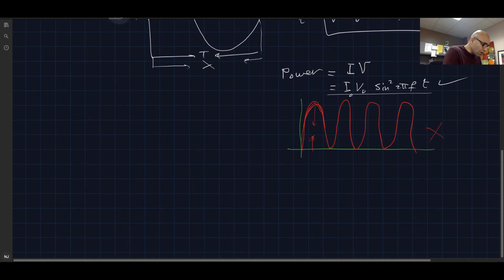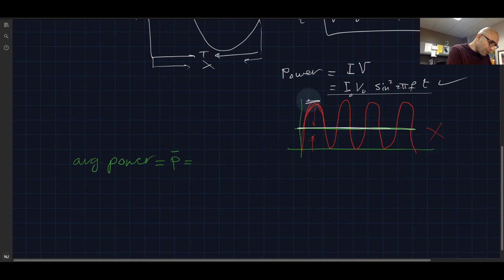We need to look for a more useful concept, and the more useful concept is known as the average power. We're going to call it P average. P average will be exactly somewhere in the middle of this, because it goes between the maximum and minimum. So this is 0, this is the maximum, so it should be 1/2 of V naught times I naught.